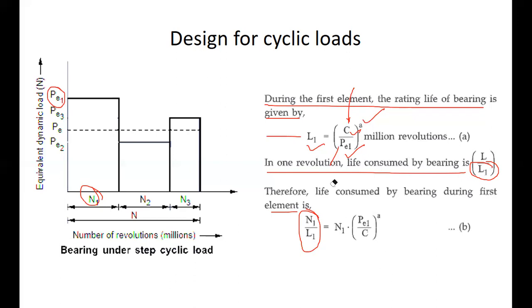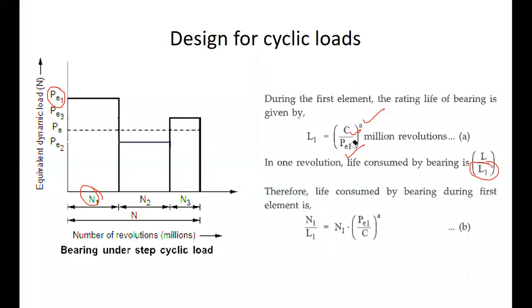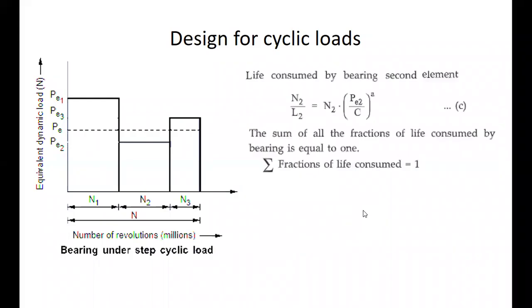The same we will do for the rest of the elements, like we did for the first element. So during the second element, again N2 upon L2 is N2 (P2 upon C) raised to a. The sum of all the fractions of life consumed by the bearing is equal to 1.